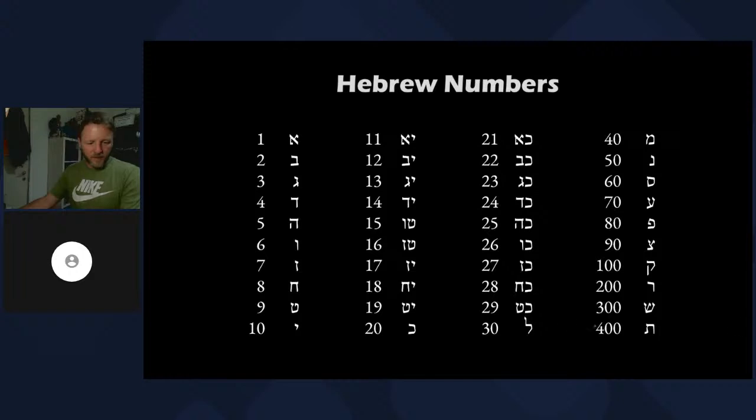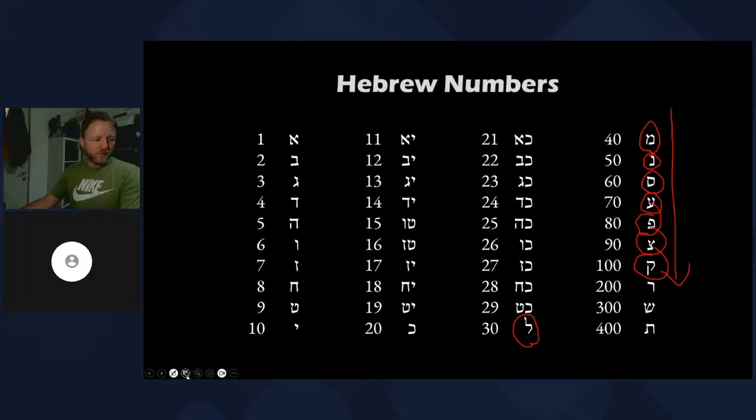It doesn't matter. So if 30 is Lamed, then you go 10s all the way down. Mem is 40, Nun 50, Samech 60, Ayin 70, Pei 80, Tsadi 90, Kuf is 100, and for us, that's as far as you really go.